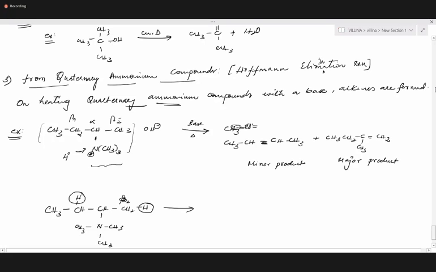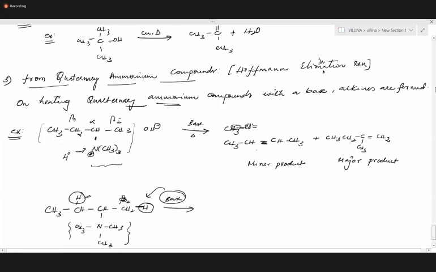There is steric hindrance offered by the substrate itself. So whatever the base we have, the internal beta hydrogen cannot be approached because of this bulkier group. So whatever beta hydrogen is available nearby, the base will attack it, and that will be removed as base and H. That's the reason why we end up having product number 2 as our major product.